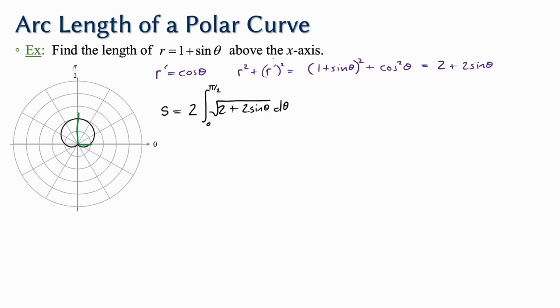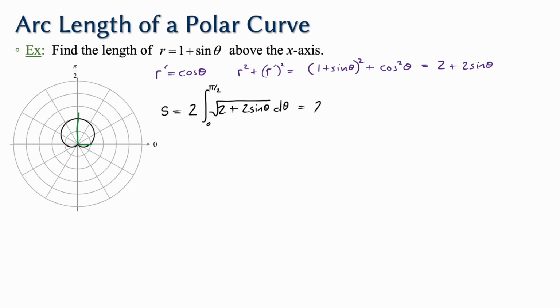The first thing I'm going to do is try to get that 2 out of there. On the inside of this radical, I'm going to factor out a 2, so underneath the radical I look at it as 2 times 1 plus sine theta. Because it's a product, I can push out a square root of 2. I'm doing that to make my numbers as nice and simple on the inside as I can.